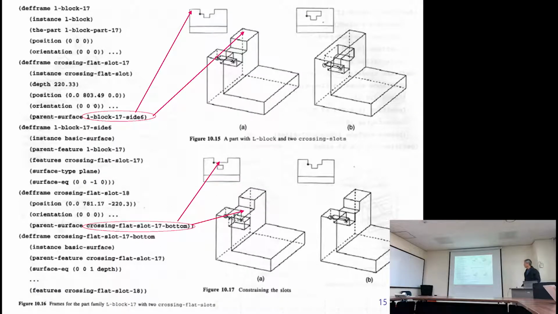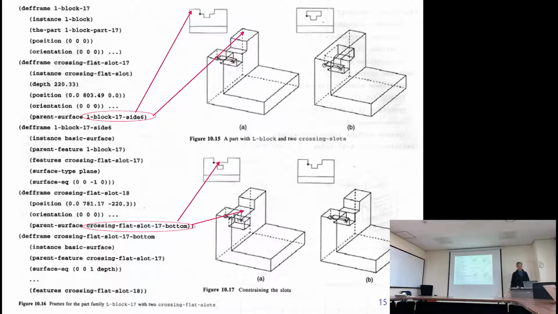By applying constraints, they are constraining the slot, right? Constrain the slot. But this was not good, so by applying the constraint, this goes correct.